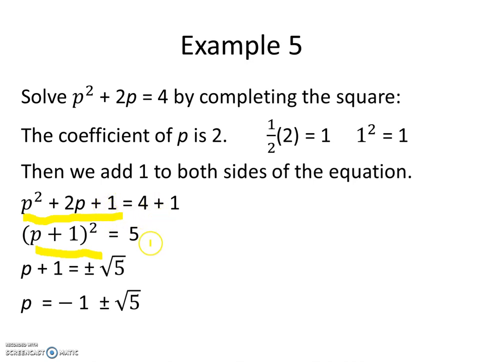So we have 4 plus 1 equals 5. Now we take the square root of both sides of the equation, and we find that p plus 1 equals plus or minus the square root of 5. Moving the 1 over to the right side, we find our final answer, which is p equals negative 1 plus or minus the square root of 5.